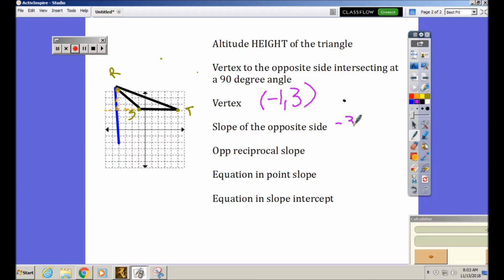I went down 3 and over 9, correct? You with me? -3 over 9 simplifies to -1/3, correct? So what's the opposite reciprocal of -1/3? It's 3.